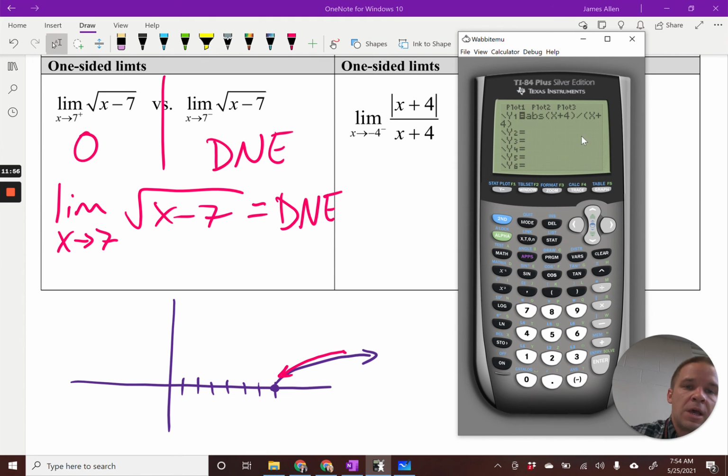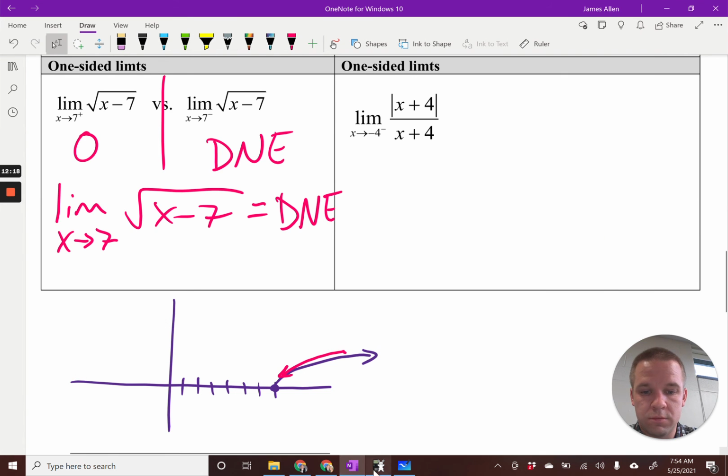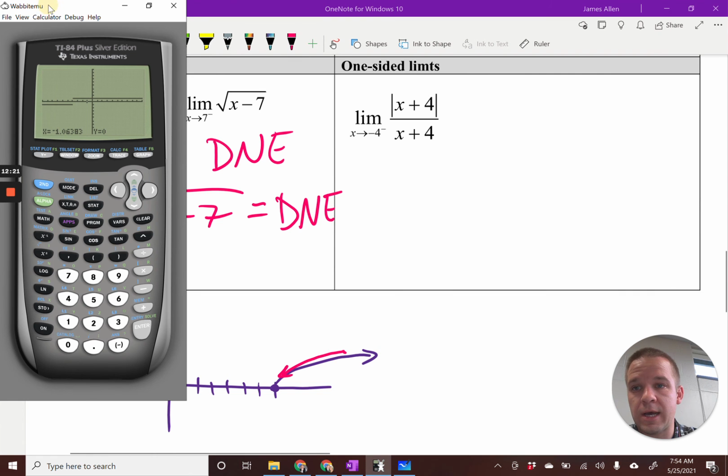Ooh, voice crack. Okay, so I've got absolute value of x plus 4 divided by x plus 4. Now I'm going to hit zoom standard, zoom 6, because I don't remember what window I was in prior. Could have been something crazy. Okay, so if we look at this right here, what is going on? I'm going to zoom in a little bit. Let's go over here and get to where, whoa, what the heck?